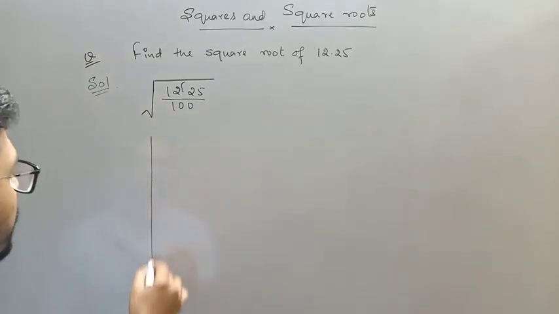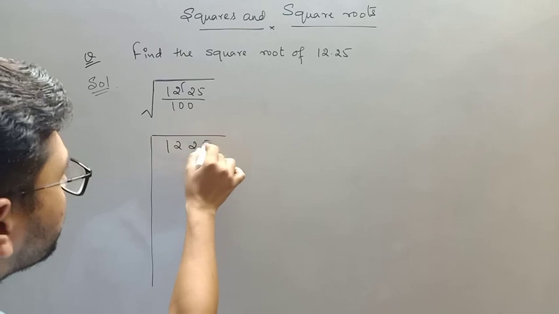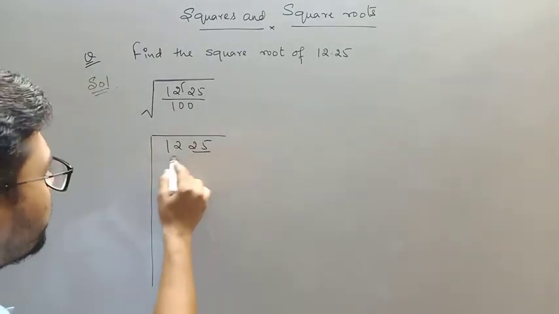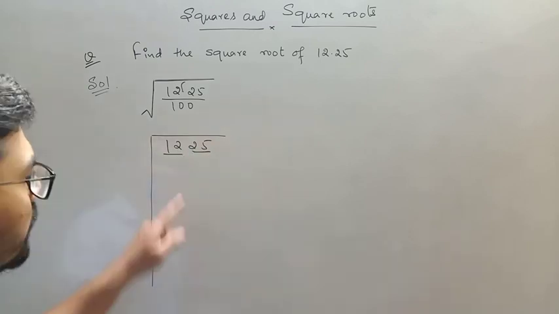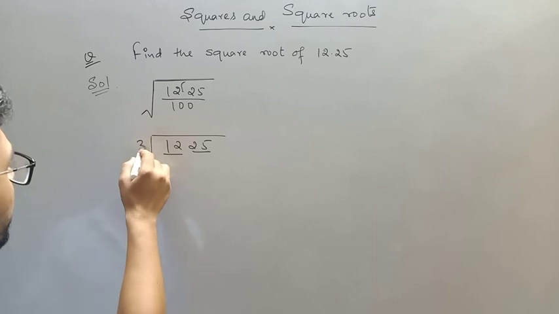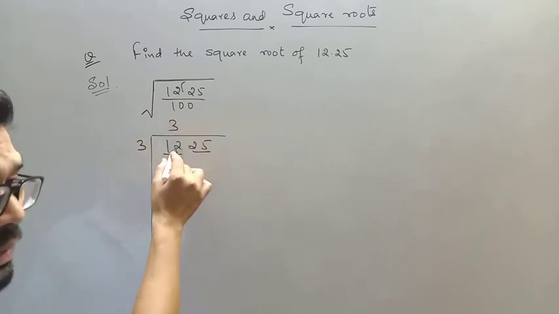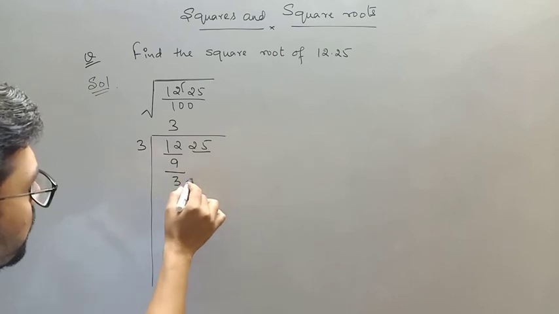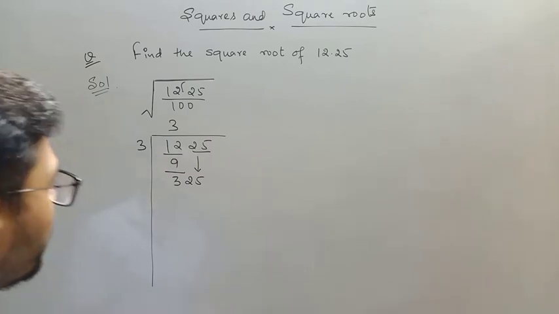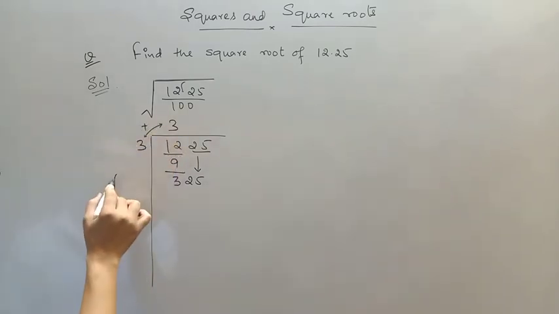So, using division method, 1225. Start pairing from the extreme right hand side. Now this is 12. This is much closer to 9, right? So I'll take 3. 3 3s are 9. 12 minus 9 will give you 3 as a remainder. I'll take this complete pair together. 3 plus 3 will give you 6.